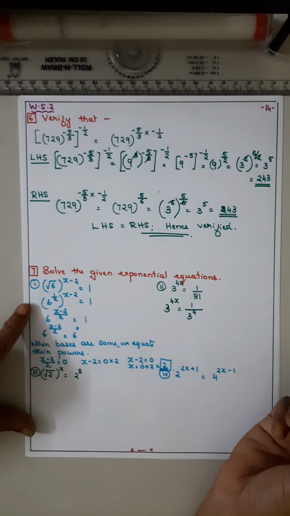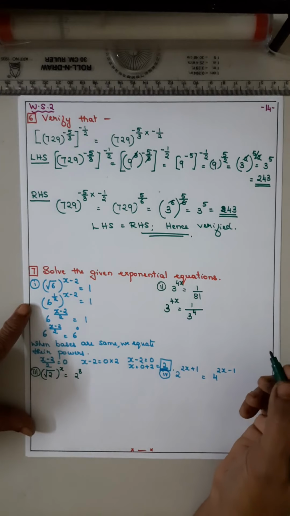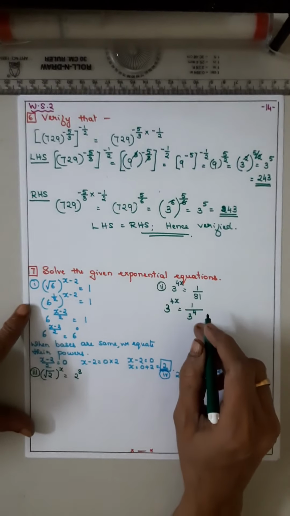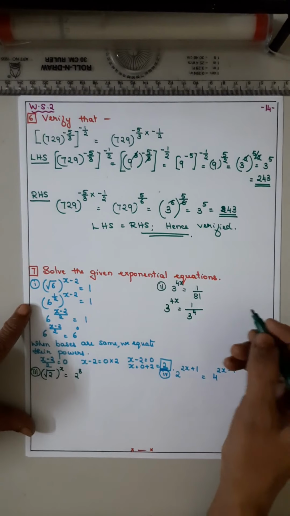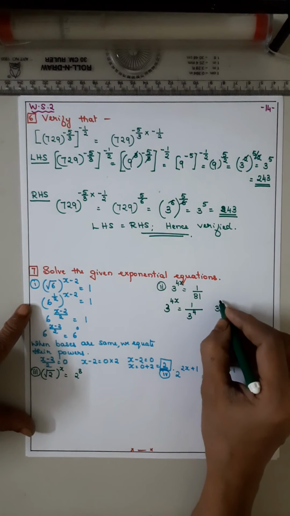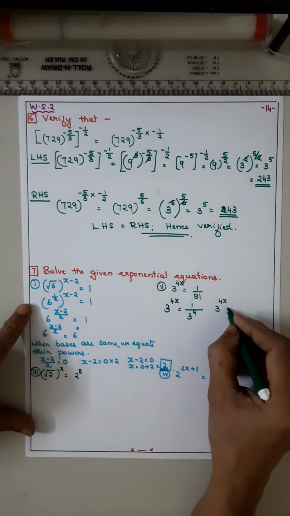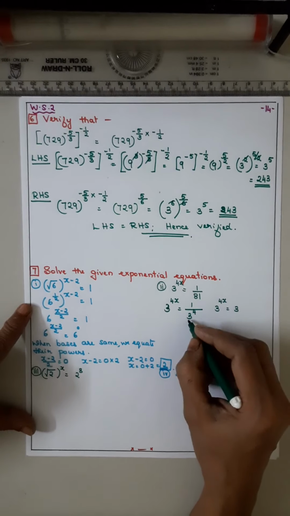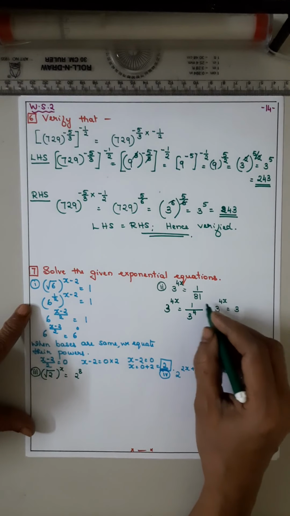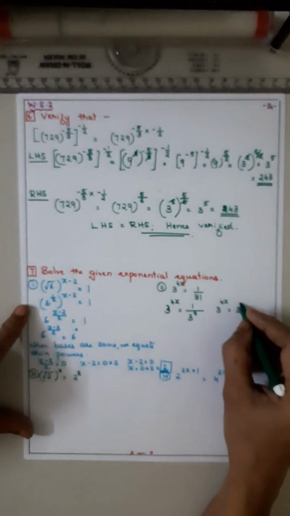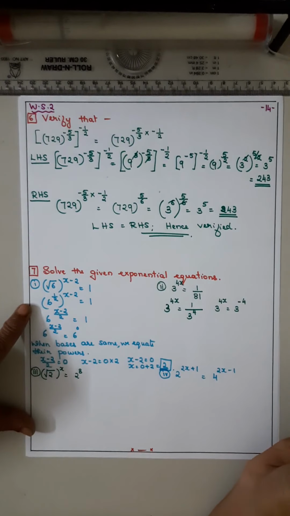Isn't it? 3 3s are 9, 9 3s are 27, 27 3s are 81. Now this can be written as 3 to the power 4x is equal to 3 to the power, you can take it to the numerator. At that time it becomes minus 4.